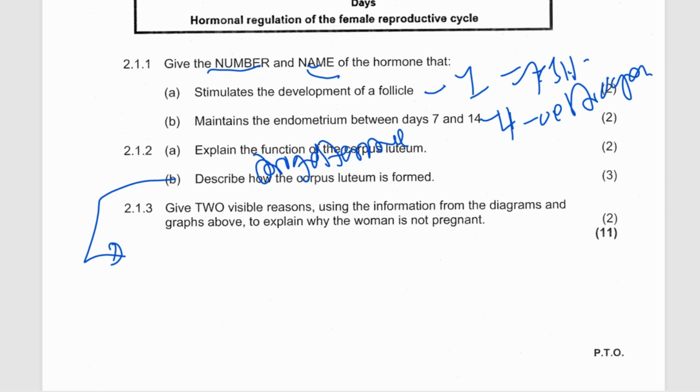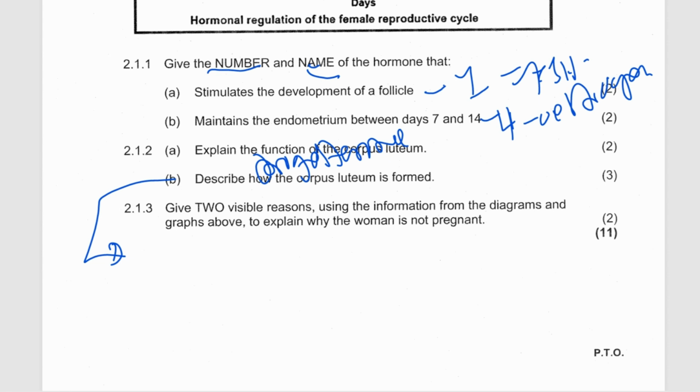Then you tell us under the influence of luteinizing hormone. So basically the empty Graafian follicle is converted into corpus luteum under the influence of luteinizing hormone on day 14 or after day 14. That's how you're supposed to explain it.